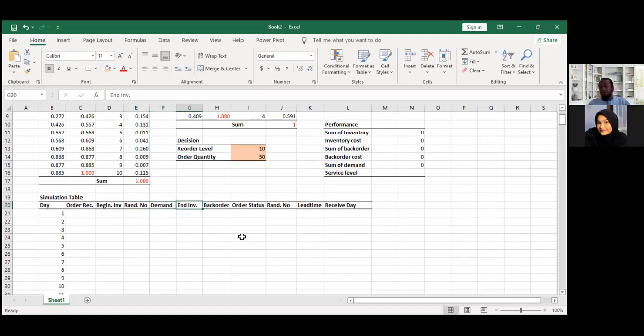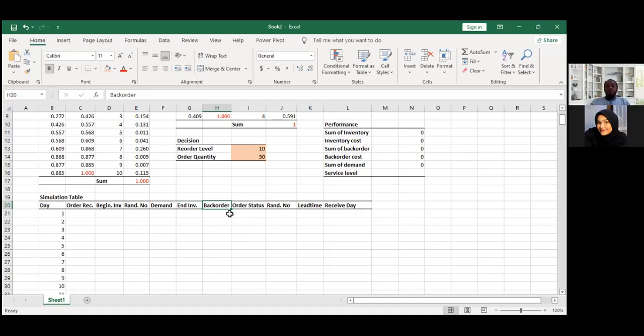The beginning inventory is at the beginning of the day. After we receive demand, we use the inventory to fulfill this demand, and at the end we call it the ending inventory. We also need to calculate the back order. If the stock is less than the demand, we have a stock out, and we can determine the back order based on that.